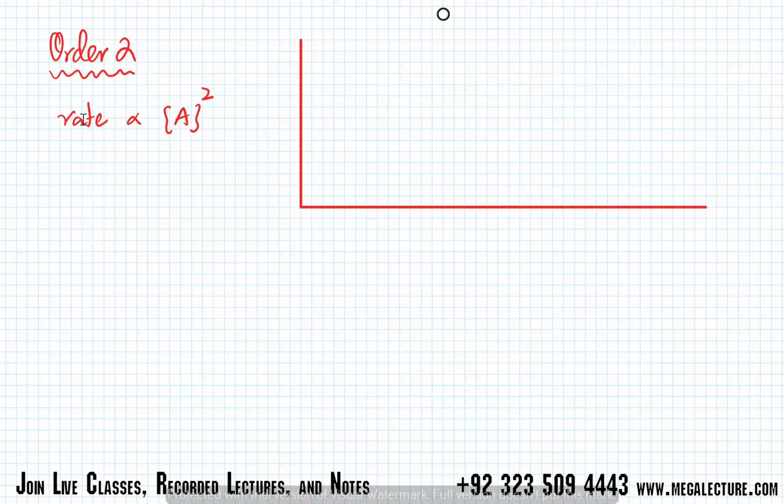And the reverse is also true. If I decrease the concentration of A, like if I make it half, then the rate will become 1/4. So it's a squared relationship. So I'm just going to write it. Okay, what does this represent? You double A's concentration, the rate becomes 4 times.